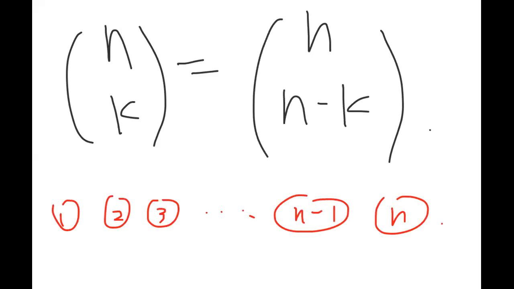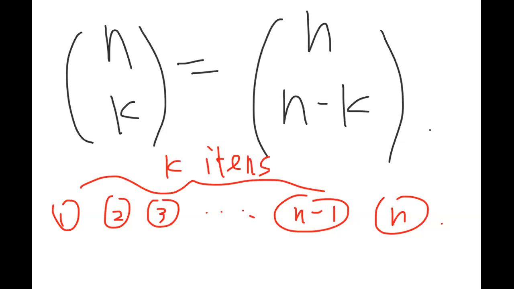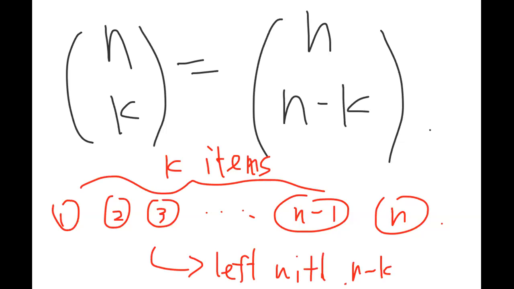When you pick k items out of this list of n items, what you have left are n minus k items. So, for example, if you pick k items out, you are left with n minus k items. Right?